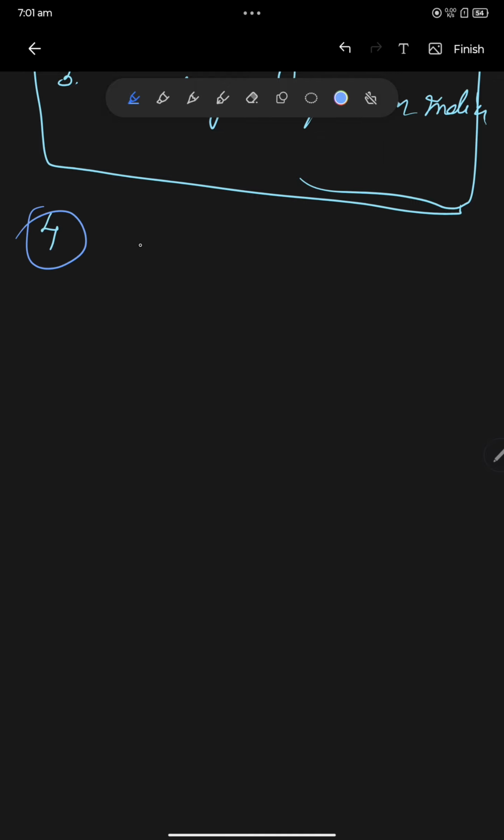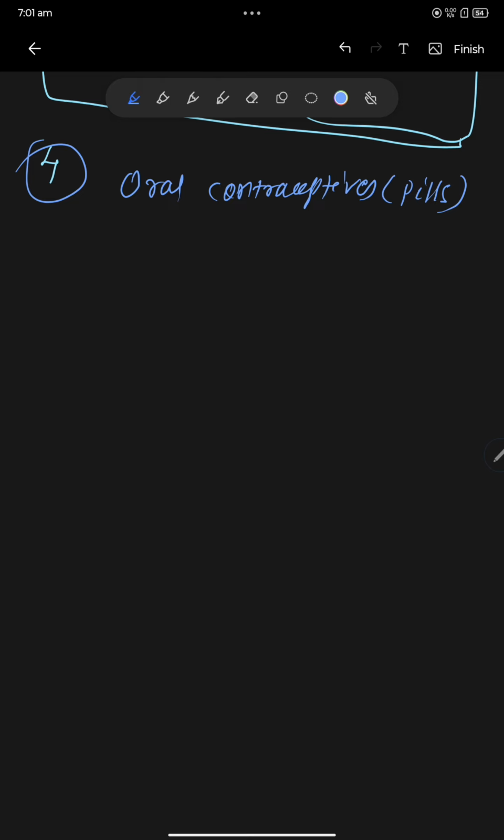the 4th type, oral contraceptive or the pills. Okay, this is also very important. Now let us see what is the composition.